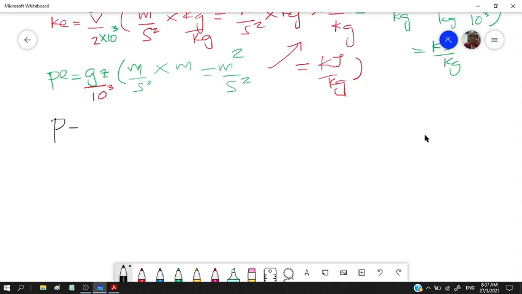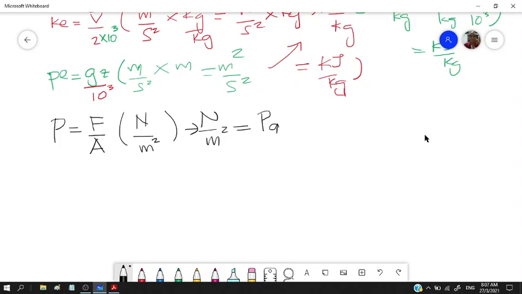Basically, pressure is equal to force divided by area. And what is the unit for force? It is Newton. What is the unit of area? The unit of area is meter squared. So we know that Newton over meter squared is also known as Pascal.